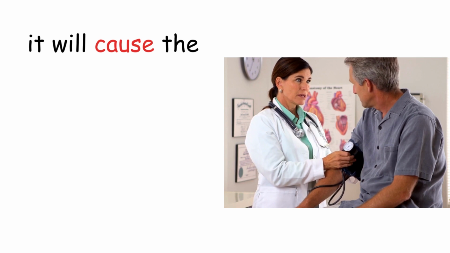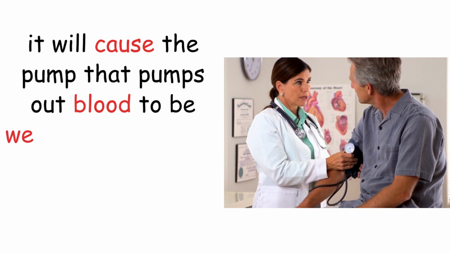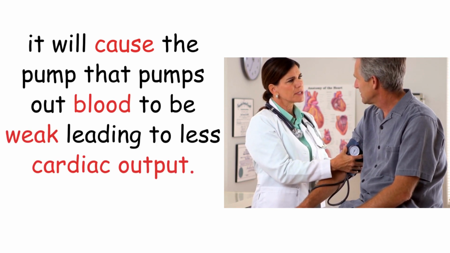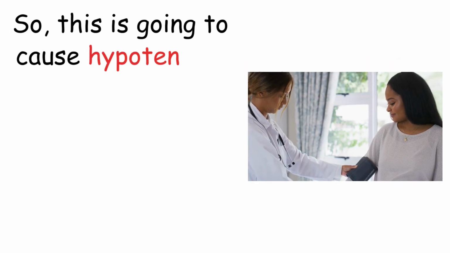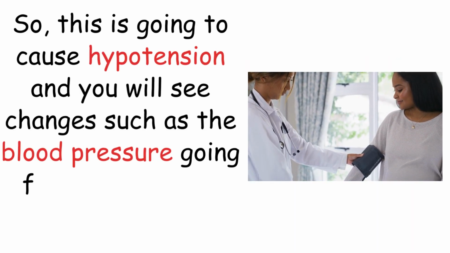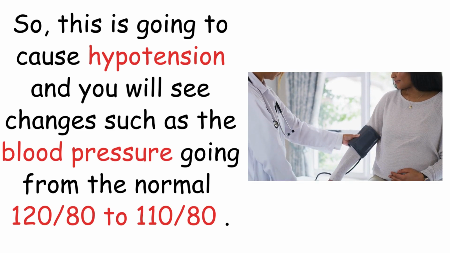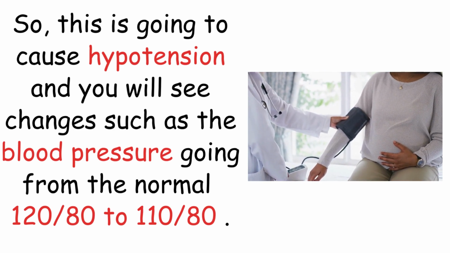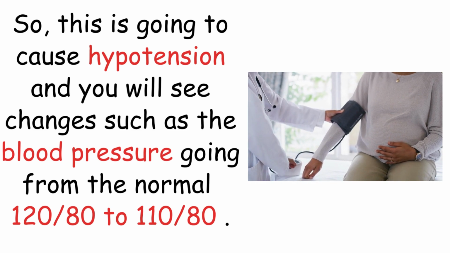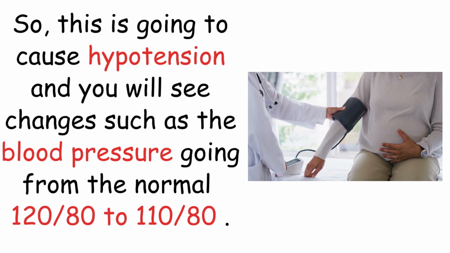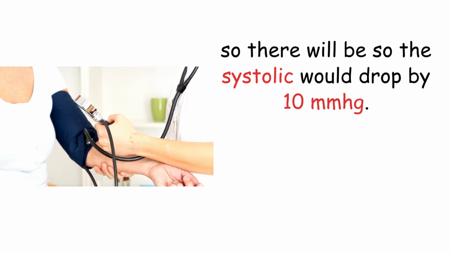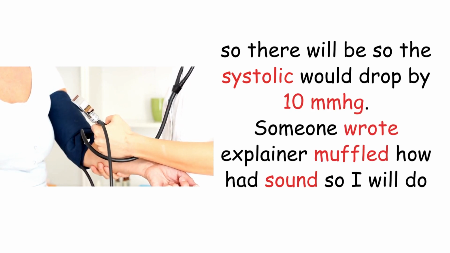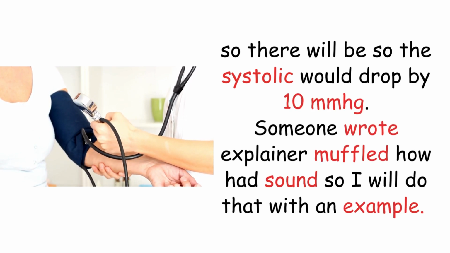It will cause the pump that pumps out blood to be weak, leading to less cardiac output. So this is going to cause hypotension. And you will see changes such as the blood pressure going from the normal 120/80 to 110/80. So the systolic will drop by 10 millimeter of mercury.